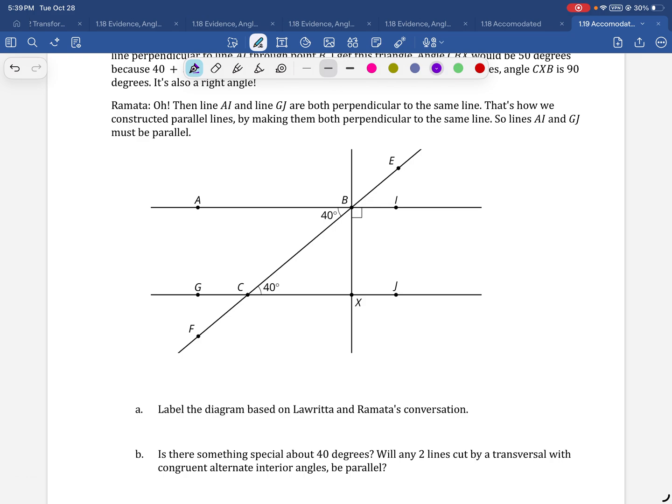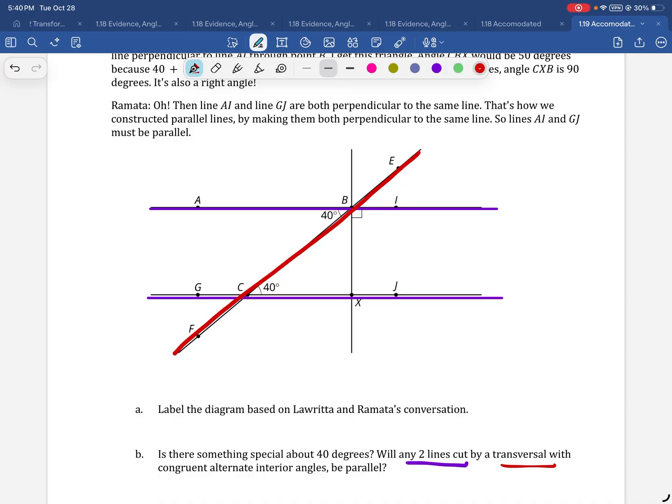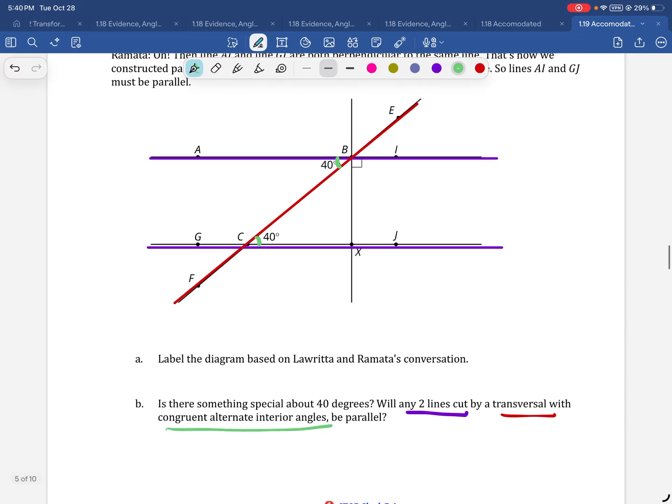Will any two lines, I'm gonna help you annotate, cut by a transversal. Transversal is a line that crosses the parallel lines. With congruent alternate interior angles, I'm gonna put an arc, which is 40 degrees, be parallel. So you need this, star this. I think you need this for one of the levels.